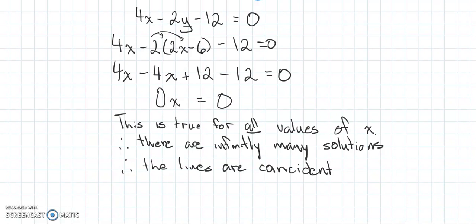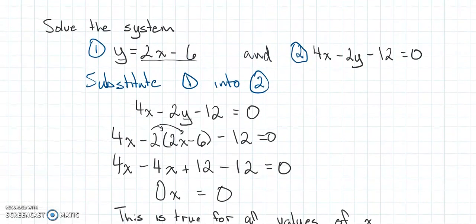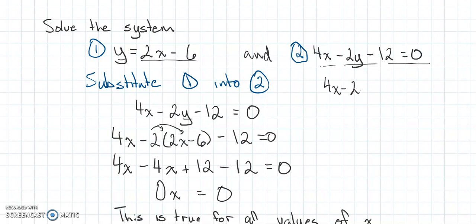And another way to see that is to just rearrange the second line. If we had just taken this line up here and isolated for y, you take 4x minus 2y minus 12 equals 0. You want to subtract the 4x from both sides. And you want to add the 12 to both sides.